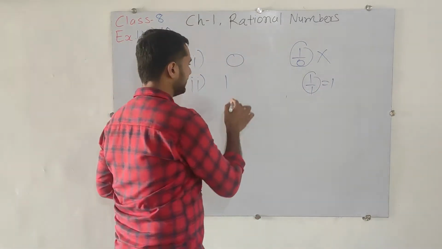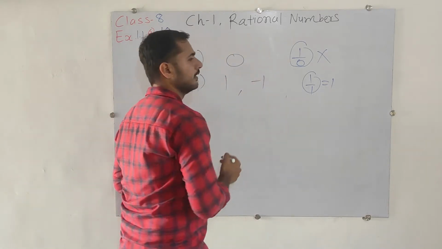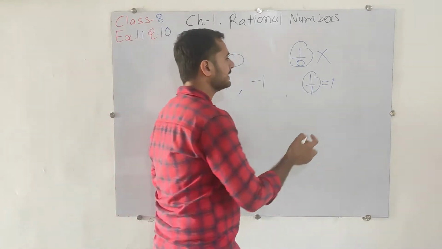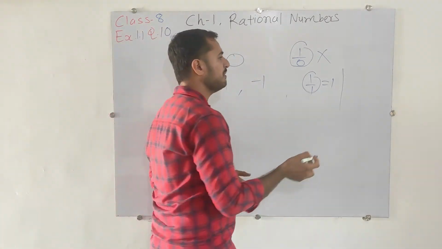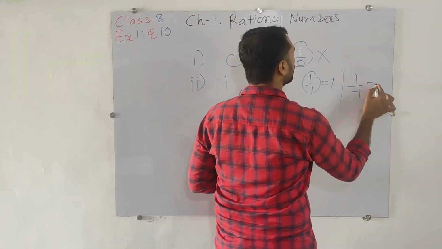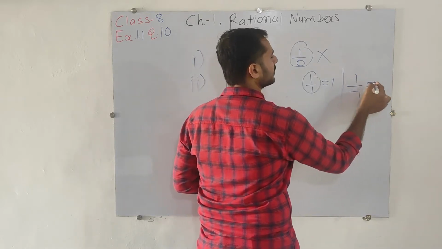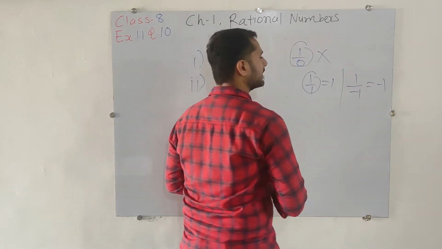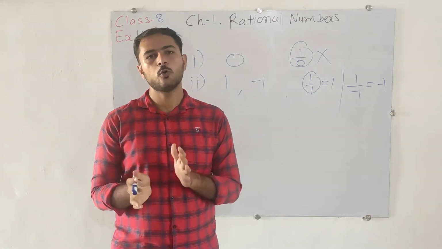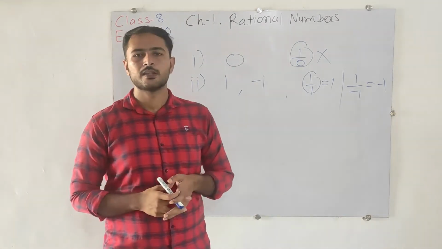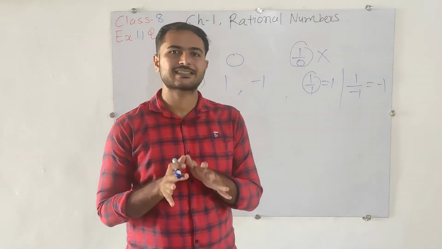Then another one is minus 1. For minus 1 it is the same thing. The reciprocal of minus 1 will be 1 upon minus 1. Again 1 by 1 is 1, and with the minus sign, that's minus 1. So the reciprocal of 1 and minus 1 is always the same as 1 and minus 1. There is no change. Both are the same.